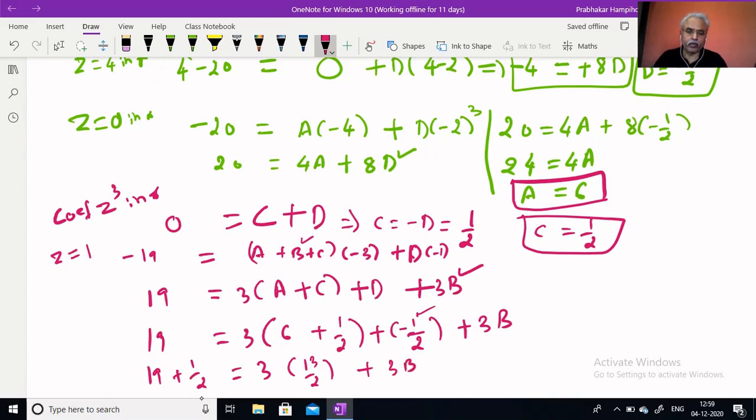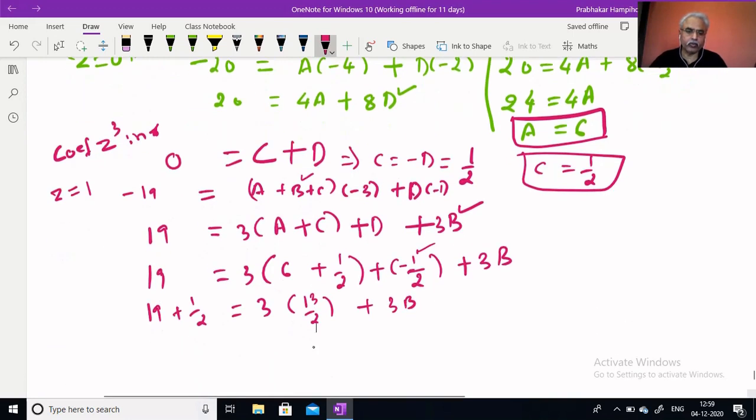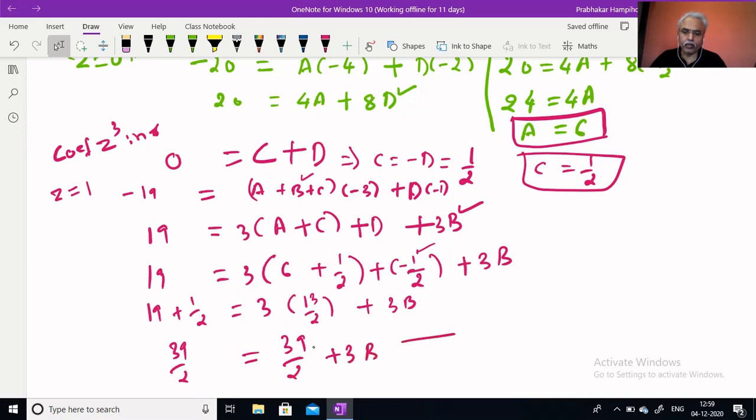What you observe? Left hand side also 2 into 19, 38 plus 1, 39 by 2. Right hand side also it is 39 by 2 plus 3b. So this is possible only if b is 0.